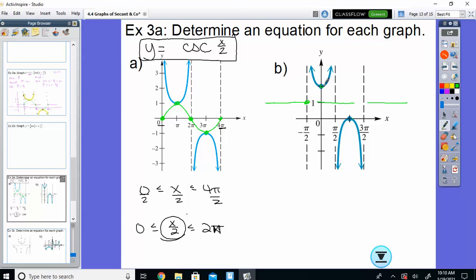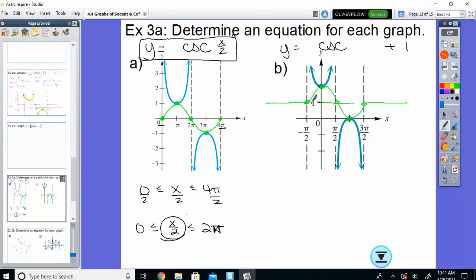It would have been 0, high point, 0, low point, 0. So secant or cosecant? If it starts at 0, it's like a sine again, so it's a cosecant. And we know we need a +1, either at the beginning or end, because it moved up.